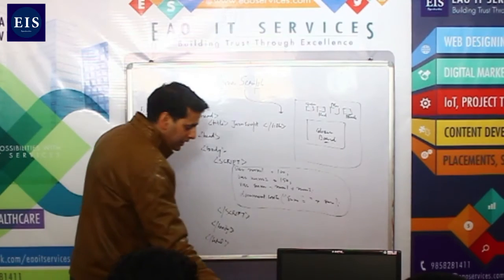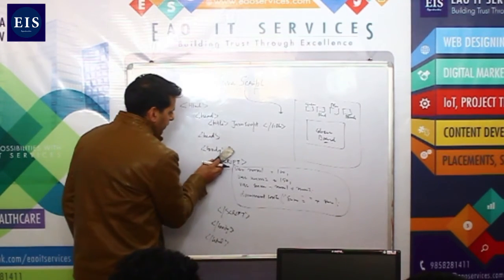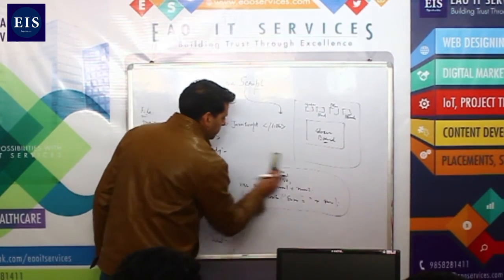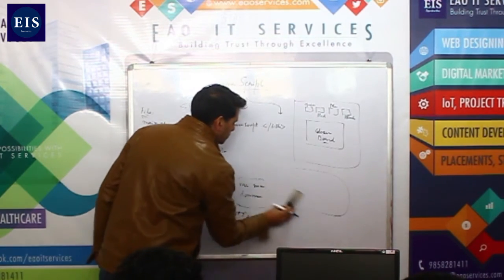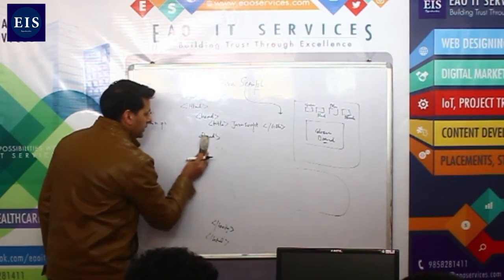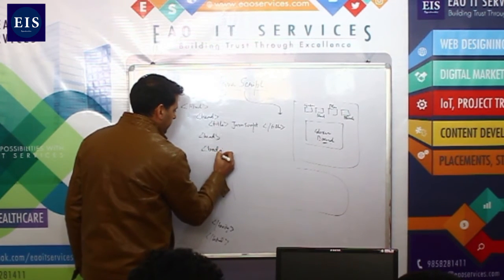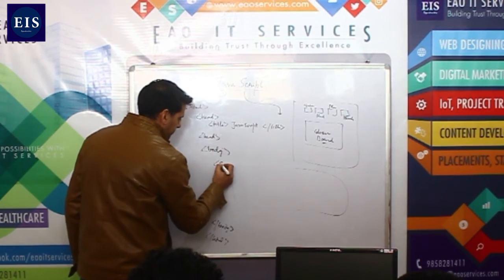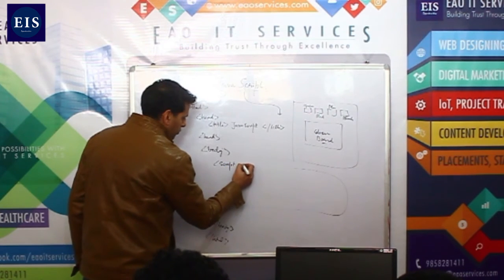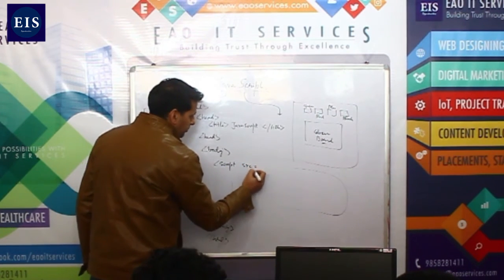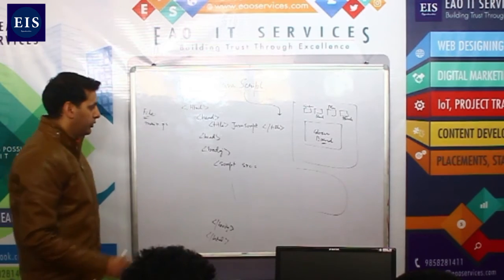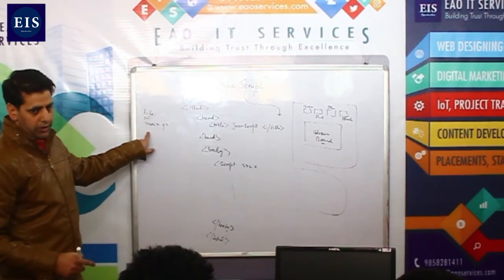Now how do I include it? The same piece of code which we have moved there, what will we do here? Script source, src. Source is a property, an attribute where we have given the path of this file.